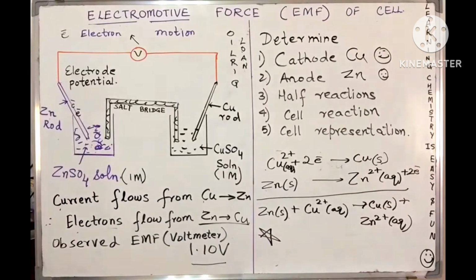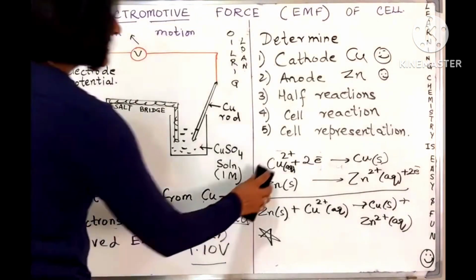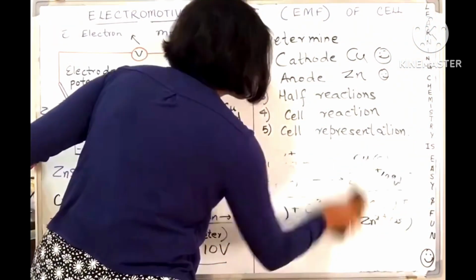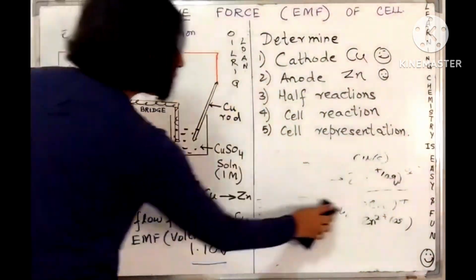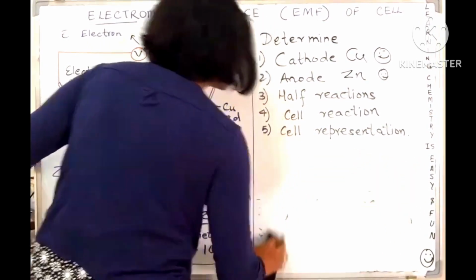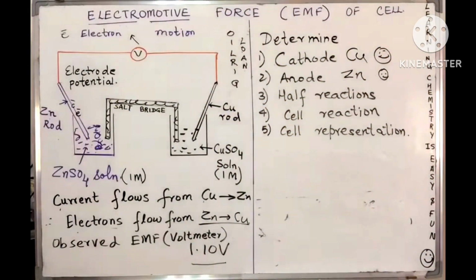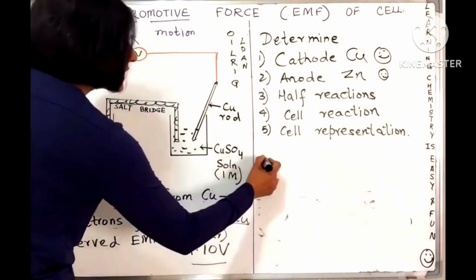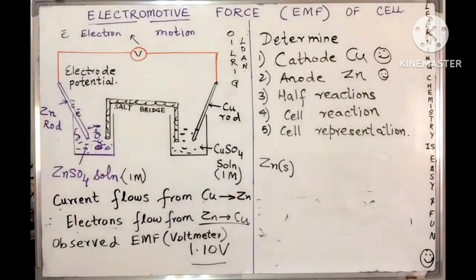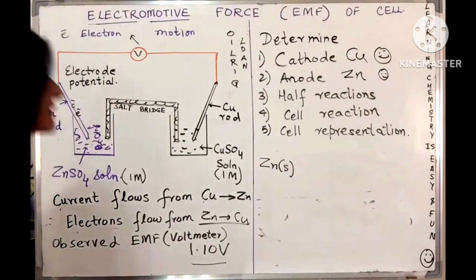Let's go on to the last point in this, that is cell representation. Do you remember the cell representation? Okay, so let's do the cell representation for this. What will come on the left hand side of this cell and how will you represent it? Yes, left hand side is represented as oxidation, and oxidation is taking place at zinc.